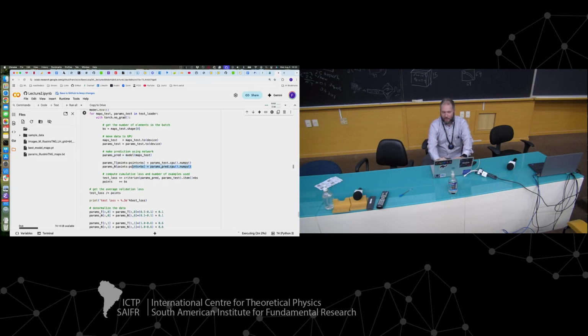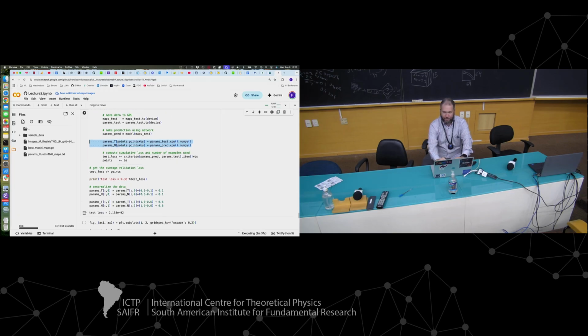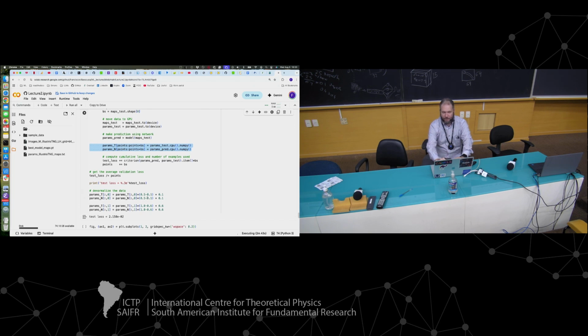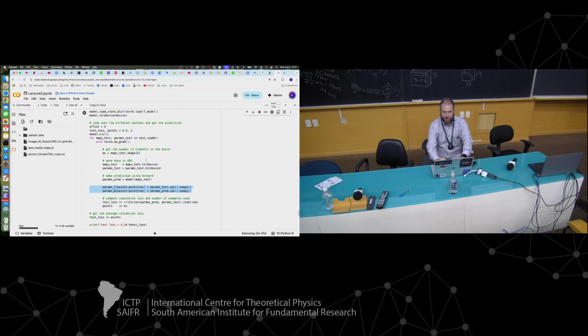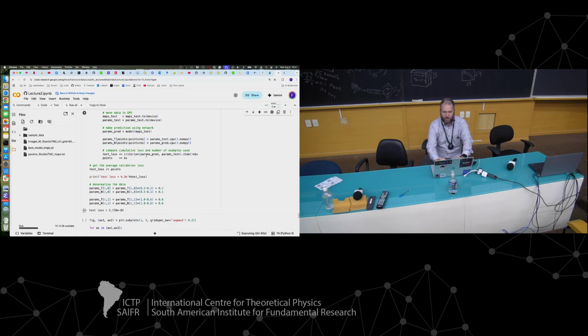And then we're going to save the true value of the parameters and the predicted value of the parameters. And here we're just denormalizing the thing, so really nothing in particular. So let's wait for the training to finish.